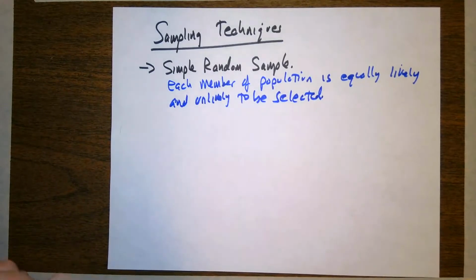Each member of the target population, whatever simple random sample we do, is equally likely and unlikely to be selected. Let's look at an example.